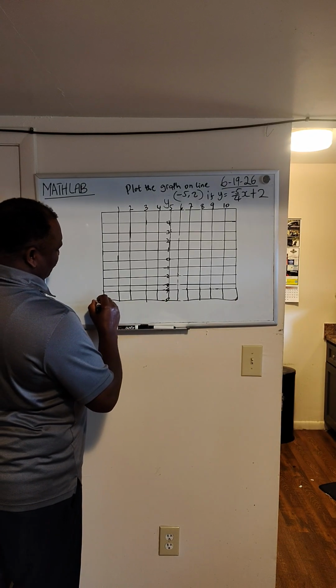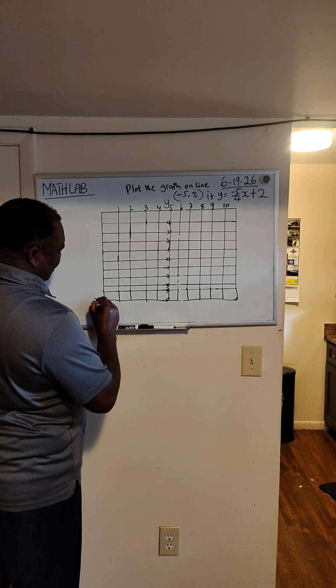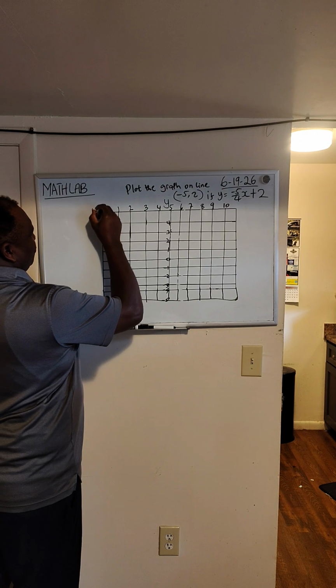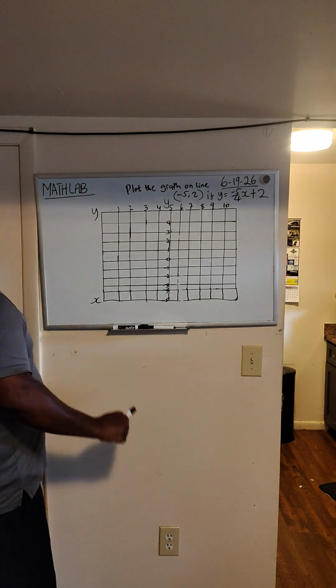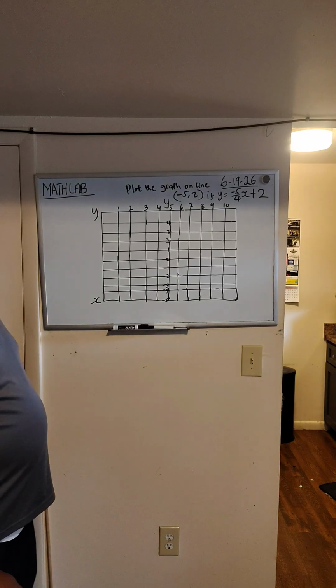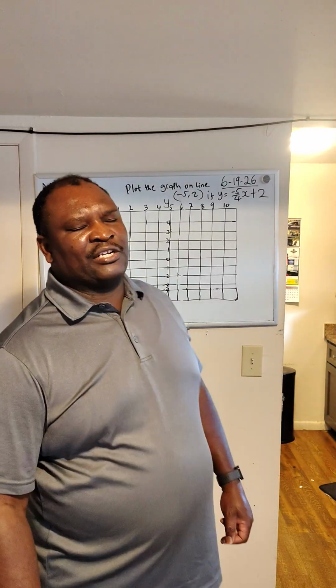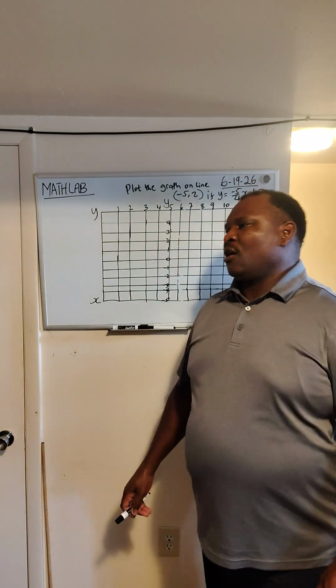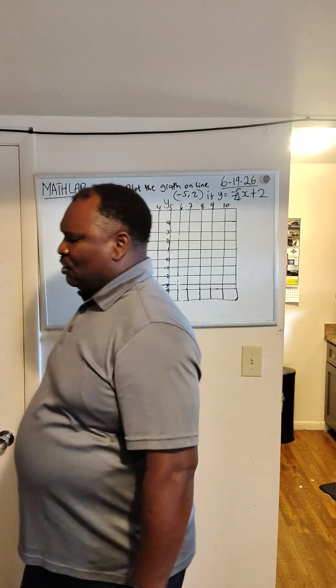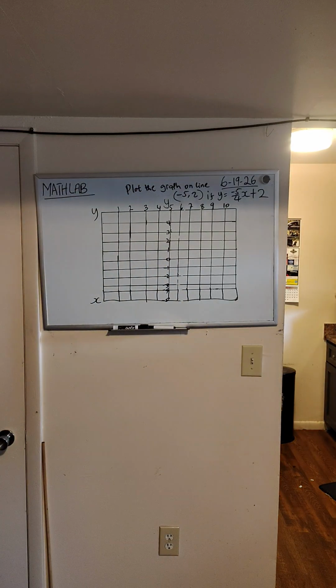So this is the x-axis right here, and that is y. You can even write it here, y-axis and x-axis. The x-axis goes across, whereas the y-axis goes vertically.